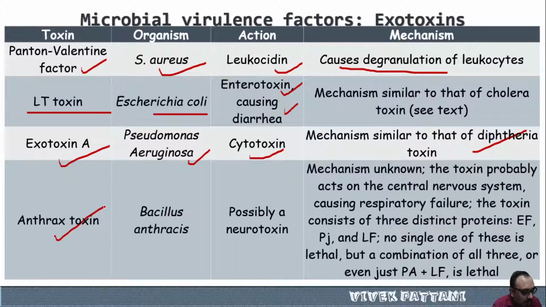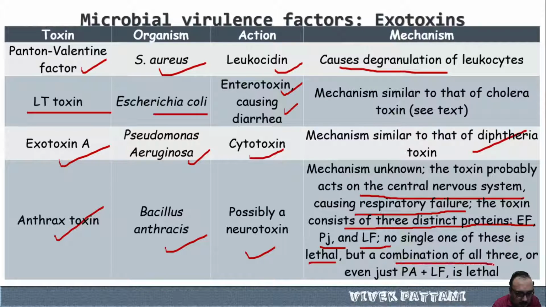Now next comes the anthrax toxin, which is produced by Bacillus anthracis, and possibly it's a neurotoxin which affects the nervous system. The mechanism is unknown, but the toxin probably acts on the central nervous system, causing respiratory failure. The toxin consists of three distinct proteins, EF, PA and LF, and no single one of these is lethal, but the combination of all three or just even two can be lethal.